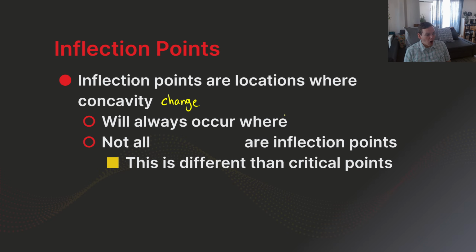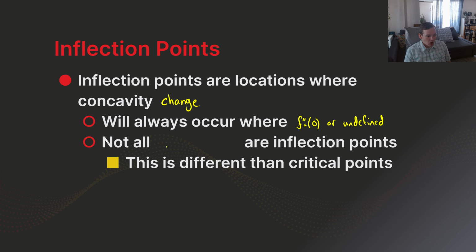These will always occur at a location where the second derivative is equal to 0 or undefined. Those are the only places they can occur, but not every place that has a 0 or undefined second derivative will be an inflection point.